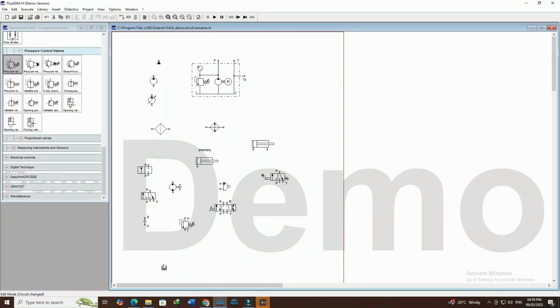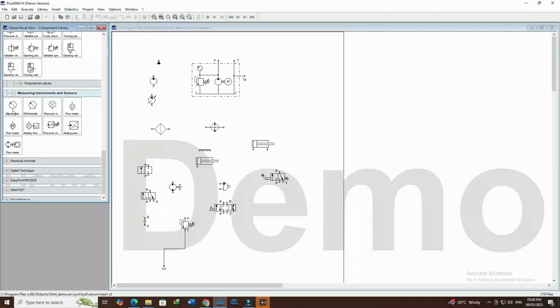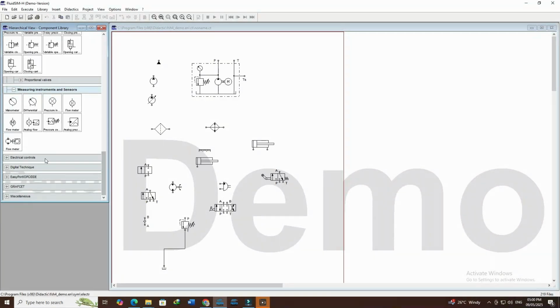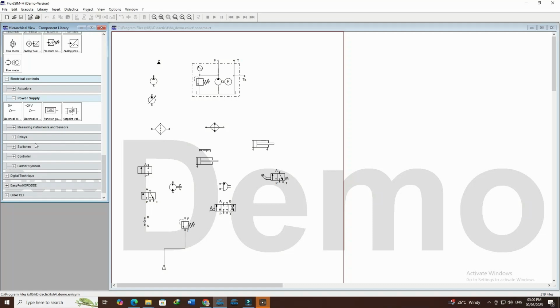We have seen the major sensor parts. These are manometers, analog pressure measurements. There are different measurement sensors here. The other one is electrical control. That means electrical controllers and motors. This one is electrical control for DCVs.